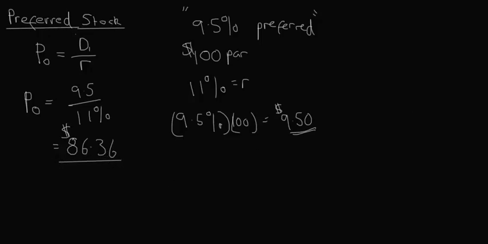Let's do a quick example with common stock, just before we move on to our discussion of common stock valuation with supernormal growth. So let's just do common stock with normal constant growth.